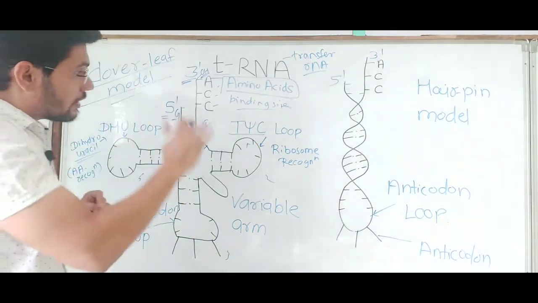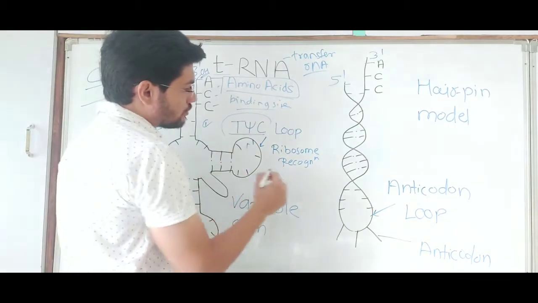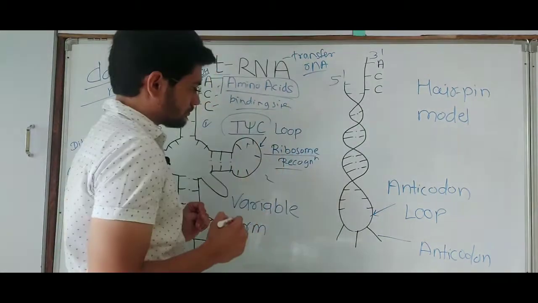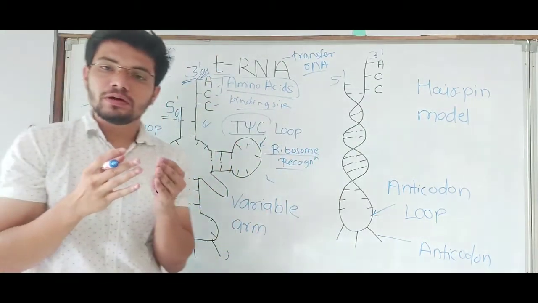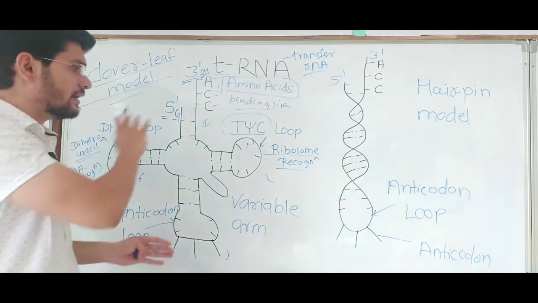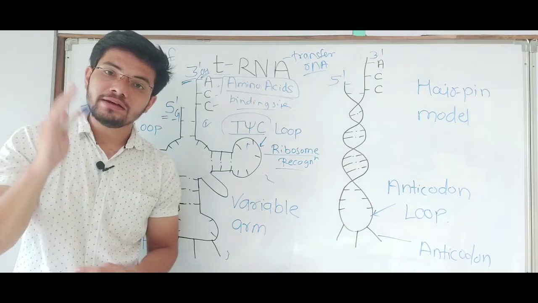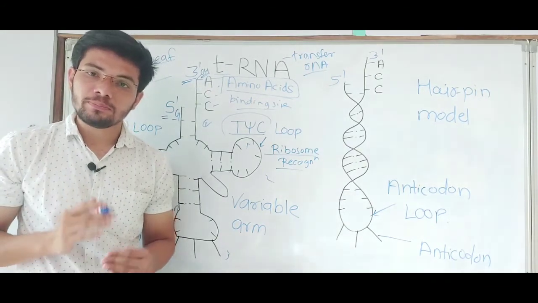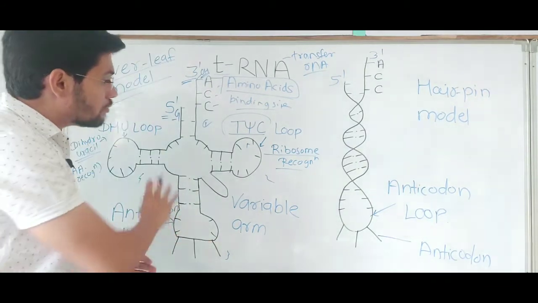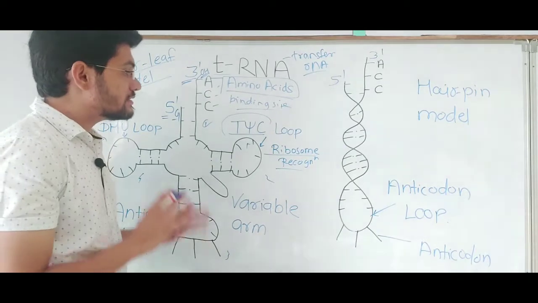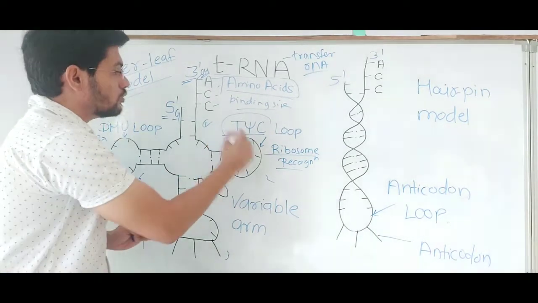The function of the T-psi-C loop is ribosome recognition, where we all know that tRNA comes to the site of the ribosome and binds to ribosomes at a particular site. So ribosome recognition is the function of this loop.